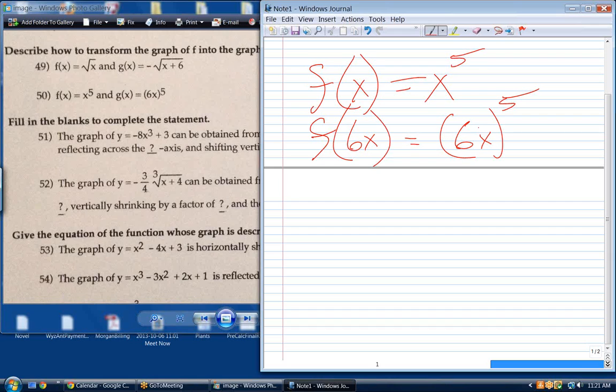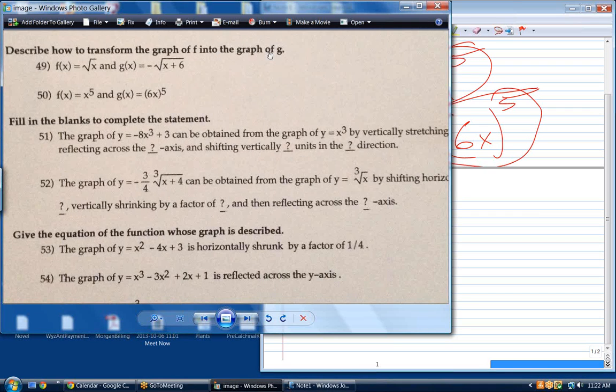So what are we looking at here? What is this relative to this? Is it a horizontal shrink? Yes, by a factor of 6. And do they want that? Let's see. Yeah, horizontal shrink by a factor of 6.